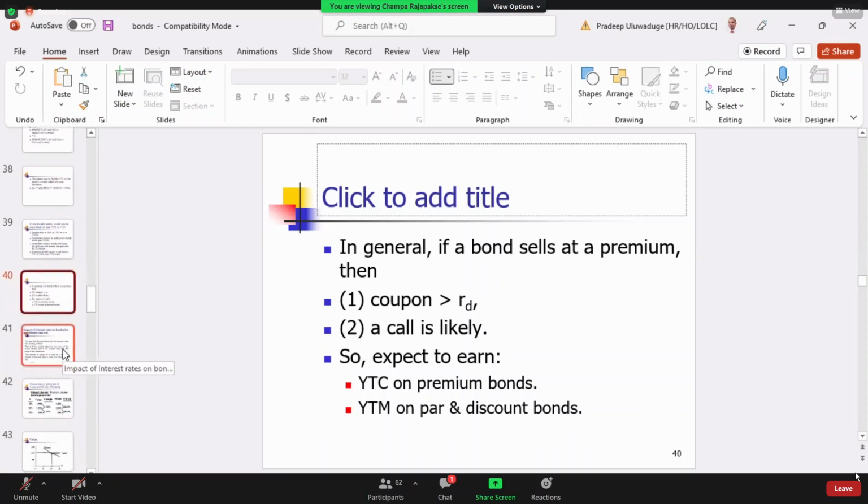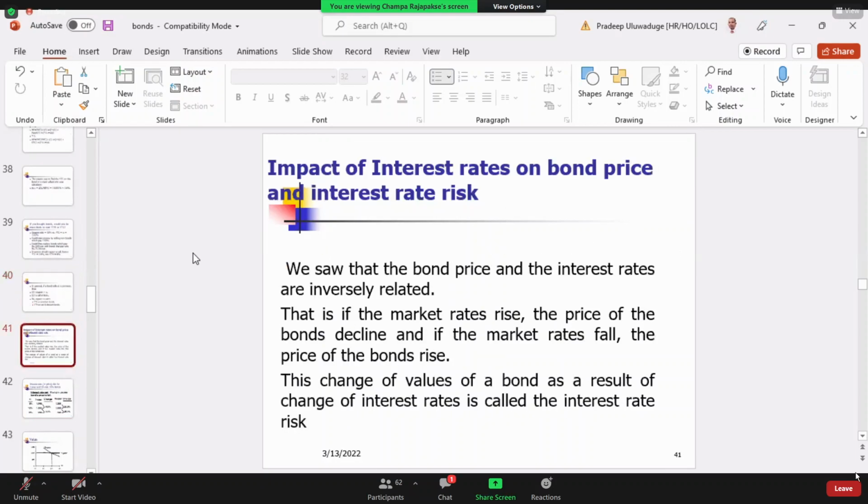Then, impact of interest rates on bond price and interest rate risk. We saw that the bond price and the interest rates are inversely related.